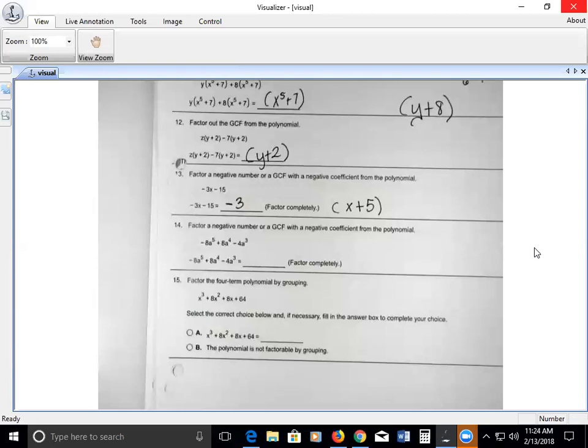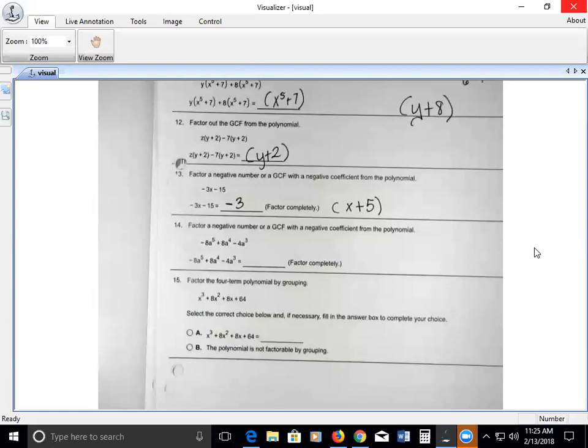We don't ever want that to happen. So if we have a numerical coefficient in the A position that has a negative representation, even if all the terms don't share a negative value, we're going to go ahead and extract a -1 in with our GCF, okay?